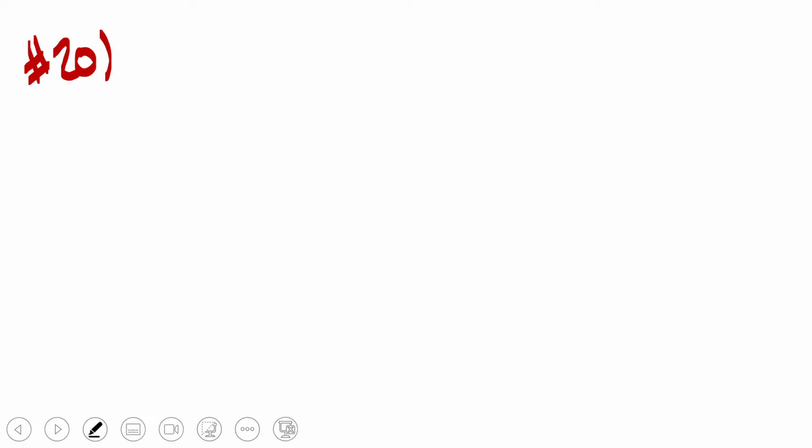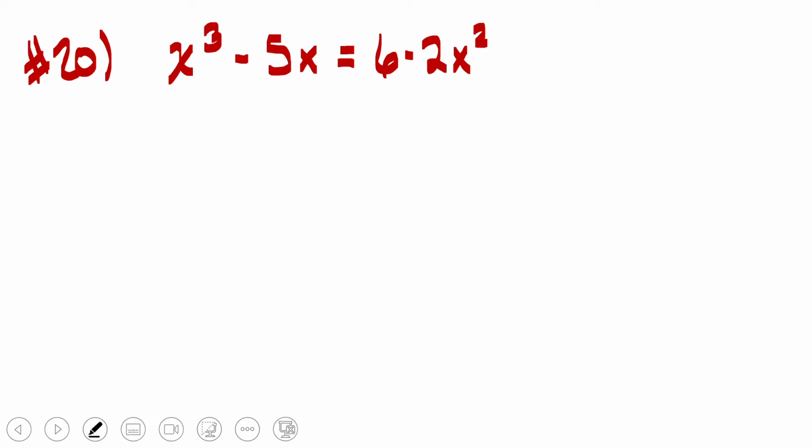On number 20 in the actual practice, you're asked to solve each equation using the rational root theorem to identify possible roots. You're given an expression that looks like this. Remember that we're going to first note descending order.